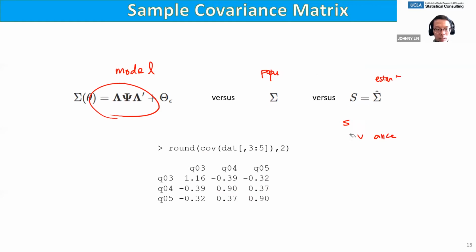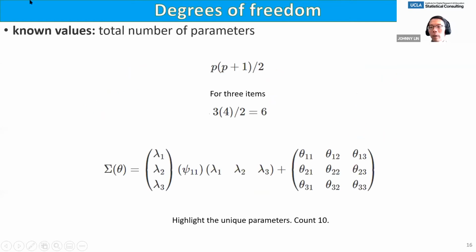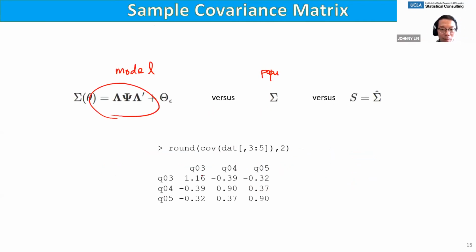So we got that out of the way. Now, in terms of degrees of freedom, what we want to look at is the number of terms in the population covariance matrix. Using the sample covariance matrix, though, we can do the same thing because the properties are the same as the population, in terms of the number of elements in that matrix. If we have a 3 by 3, 3 items by 3 items, we have 9 elements.